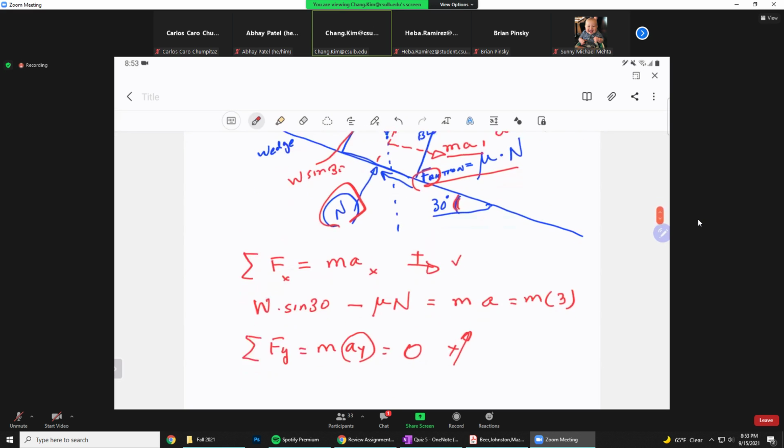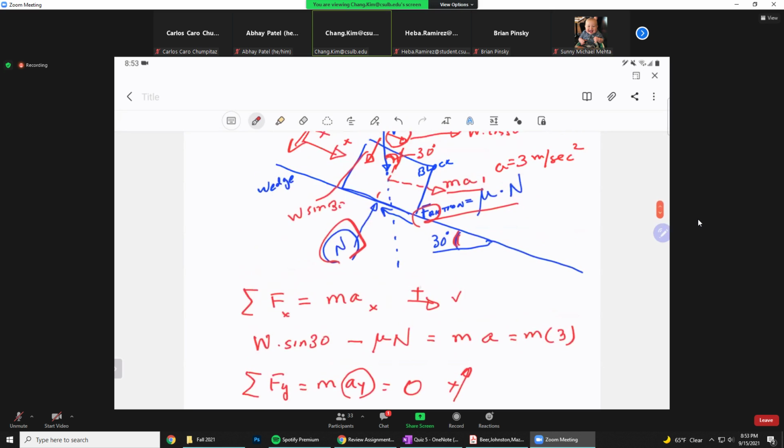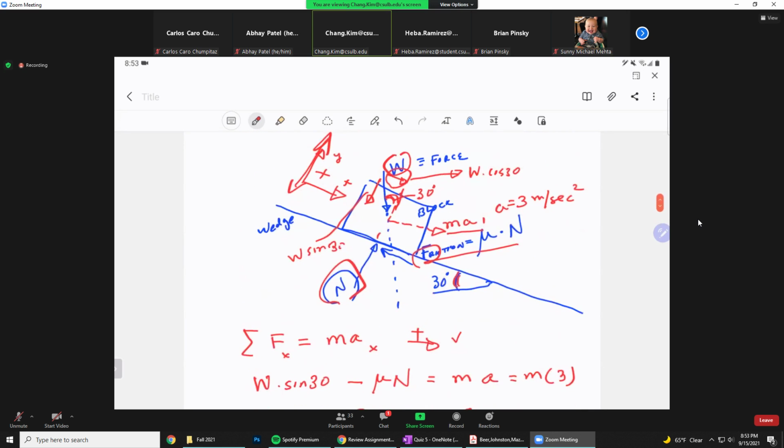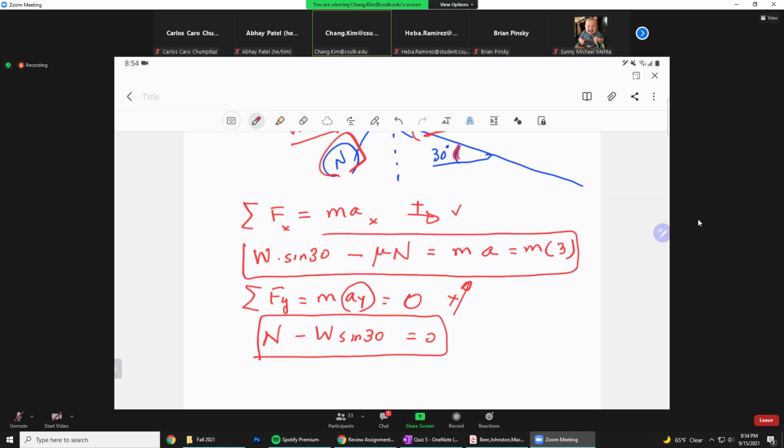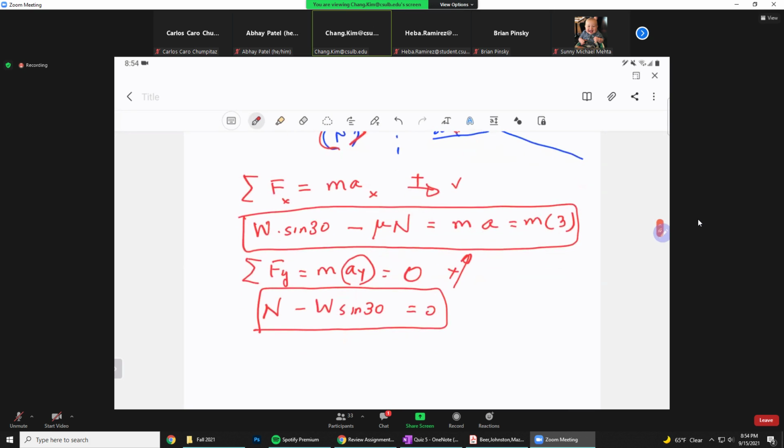So n, the normal direction, is positive, and the component of the W in the minus y direction is W times sine of 30, equal to 0. So this is one equation, and these are the two equations. I'm going to solve for n, which is W times sine of theta, and substitute that in right there.